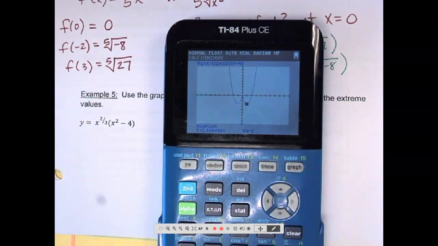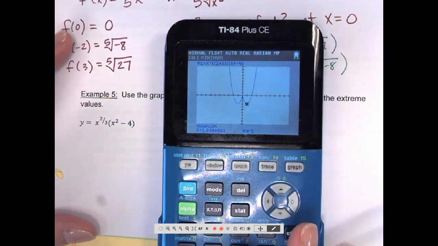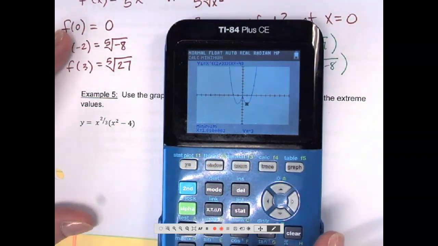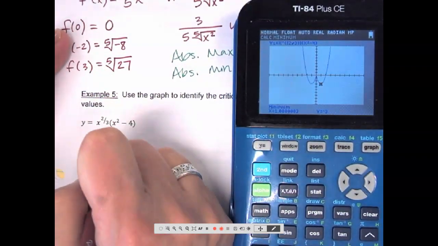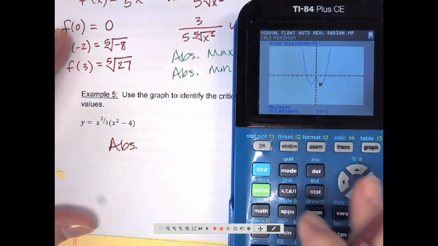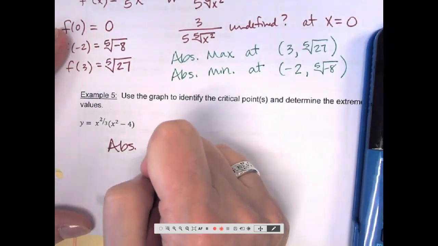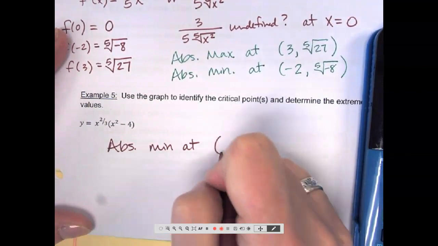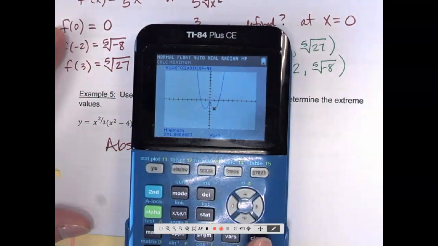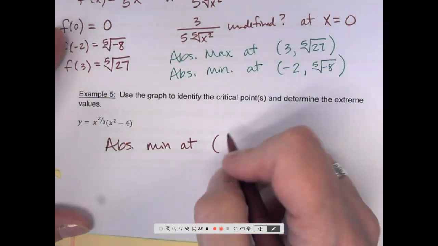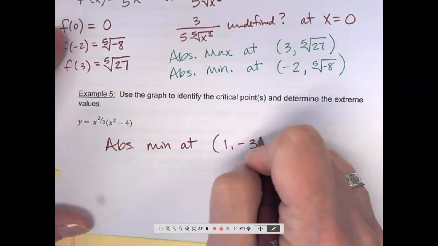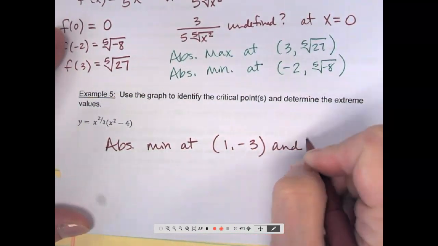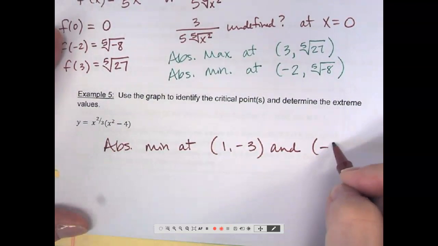Now I can tell this is symmetric, so I don't really have to find that other one. I know that I have two absolute minimums at 1, -3, and -1, -3.